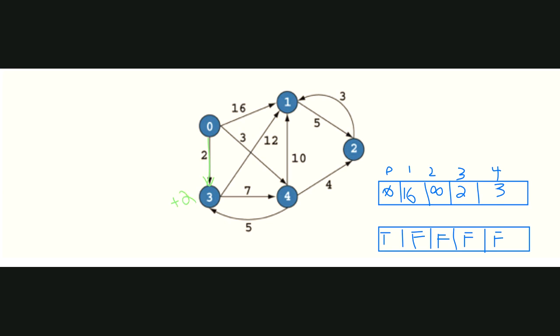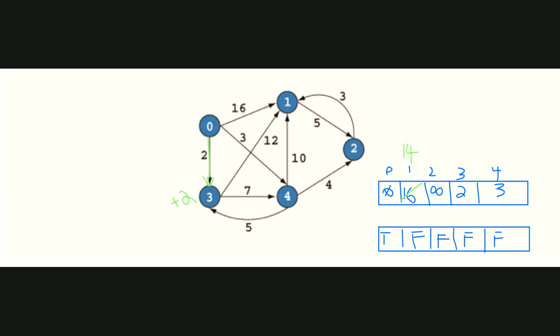So now I come from 0 to 3, and then from 3, if I want to go to 1, it's going to be 12 plus 2. It's going to be 14. So it's going to be lower than 16, right? If I want to go directly, it's going to give me 16. But if I go to 3, and then from 3 I go to 1, it's going to give me 14. So that's less. So I'm going to change that to 14.